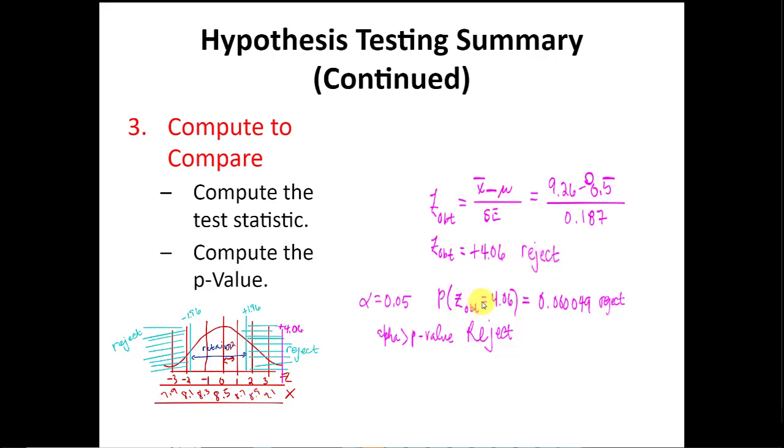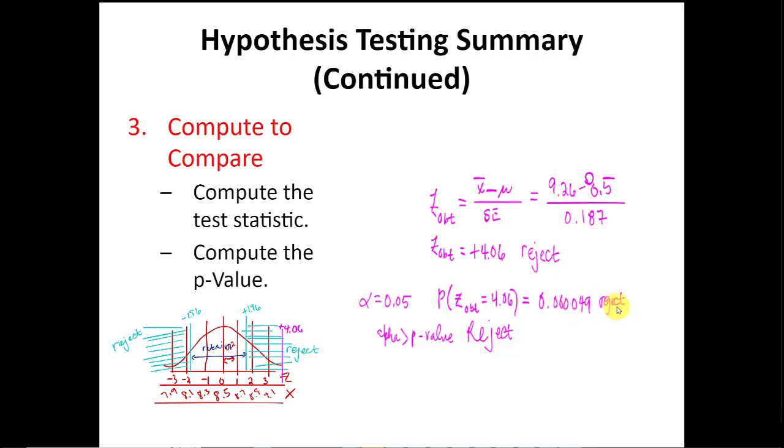I used technology to find the probability of obtaining a Z-score which was equal to 4.06, and it said that the probability of obtaining a Z-score that was 4.06 was 0.00049 probability, right? Very, very small probability.